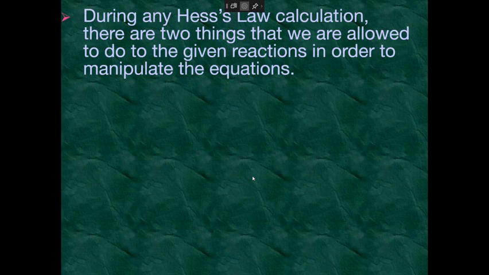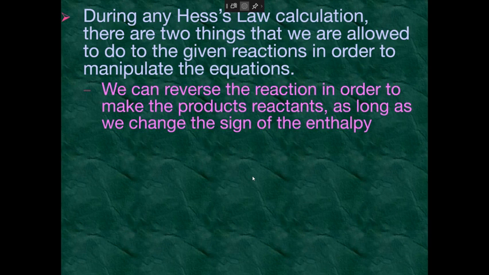So during any Hess's law calculations, there's two things that you can do. You can reverse the reaction, making the reactants the products and the products the reactants. This is called flipping the equation. If you flip the equation, you simply write the reactants as the products and the products as the reactants, but you have to change the sign of the enthalpy change.